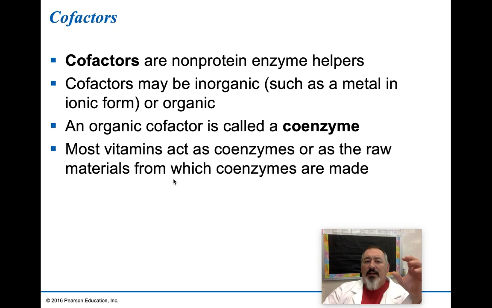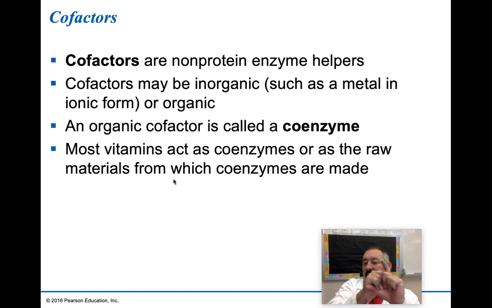This cofactor is often part of the active site. This part of the active site is actually made of zinc. So the enzyme is protein, but this little helper is zinc.